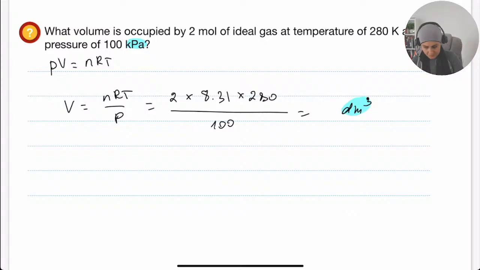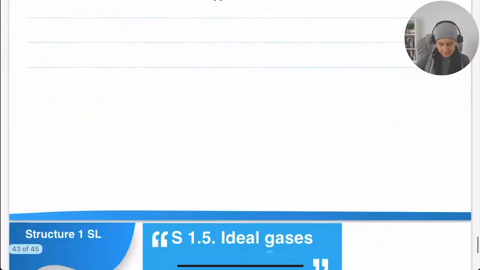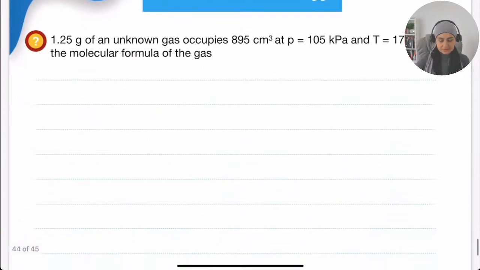Okay, 2 times 8.31 times 280 divided by 100, it is 46.5 cubic decimeters. Right. Next.